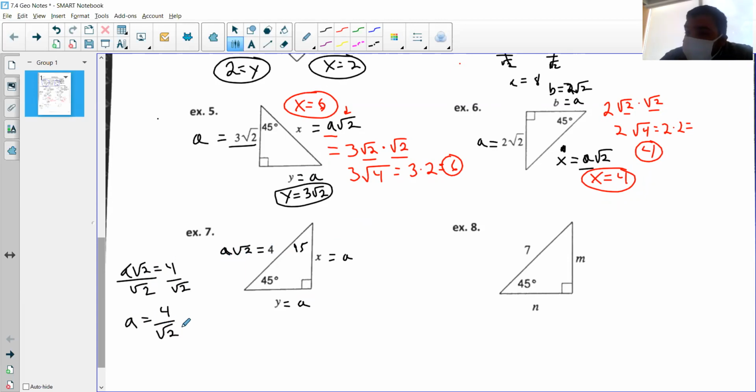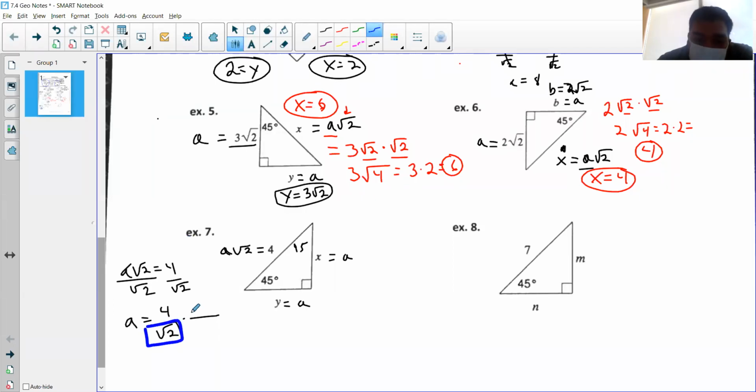But remember, with our square roots, we need to rationalize it. We need to be able to multiply the top and the bottom so there's no square root. When you do this, you're going to multiply the top and the bottom by the same square root. So right here, we have square root 2.